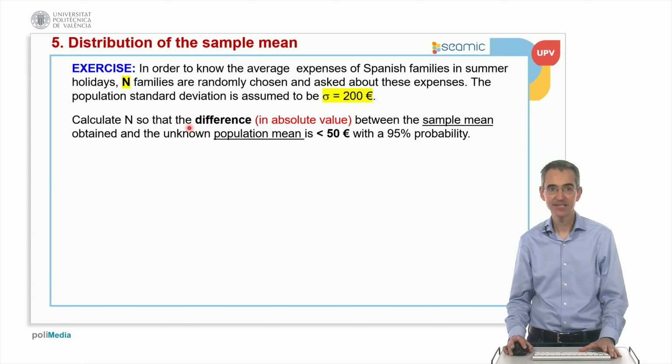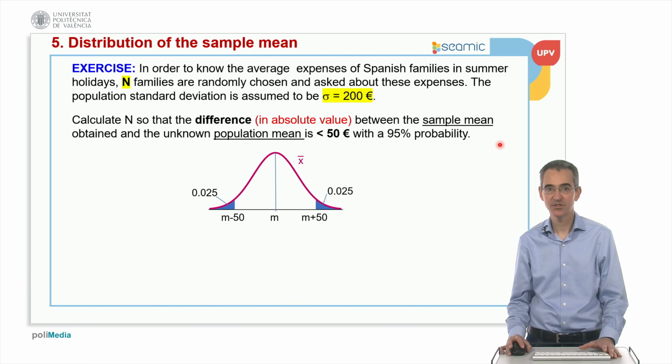So calculate the sample size so that the difference in absolute value between the sample mean and the population mean has to be less than 50 euros with 95% probability. Maybe the most difficult part in this exercise is to really understand this last sentence, and it is better to make a picture with that.